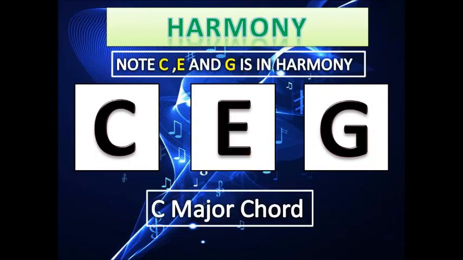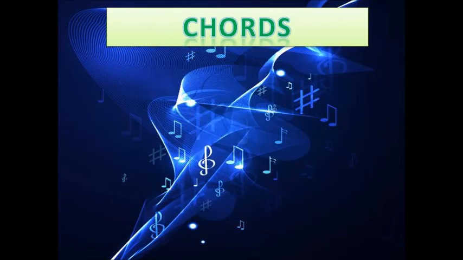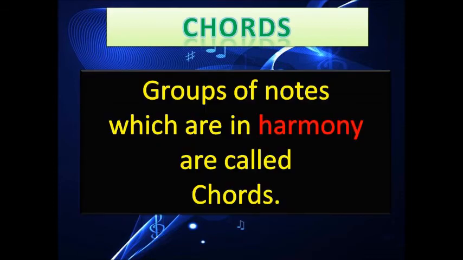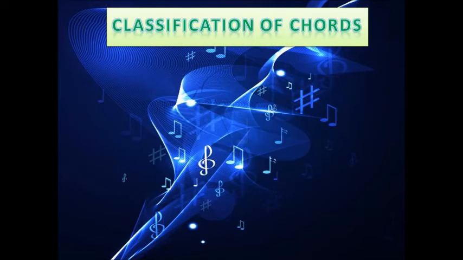The sound we just heard was a chord, and the combination of C, E and G together is called the C major chord. That takes us to the definition of a chord: a group of notes which are harmonizing and played together are called a chord.